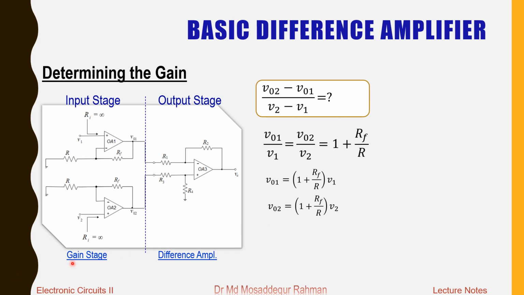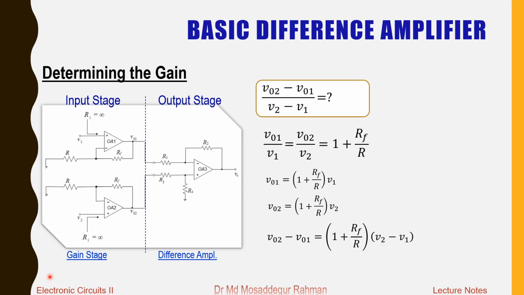Now if you take the difference between these two, V02 minus V01, we get this expression. So that's the common gain times V2 minus V1.